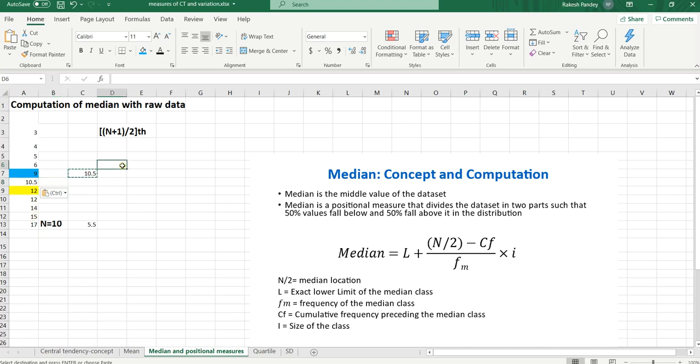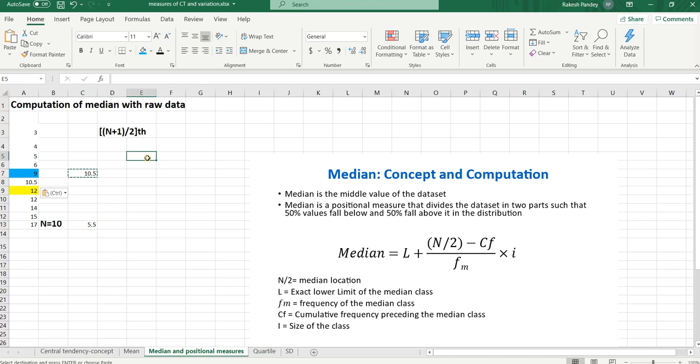So when the (n + 1)/2th value in raw data is not a whole number, and that will come when the number of observations is even, in that condition we will take the positions of the whole number of that fraction. So 5.5 is the value here. So take fifth position and sixth position.